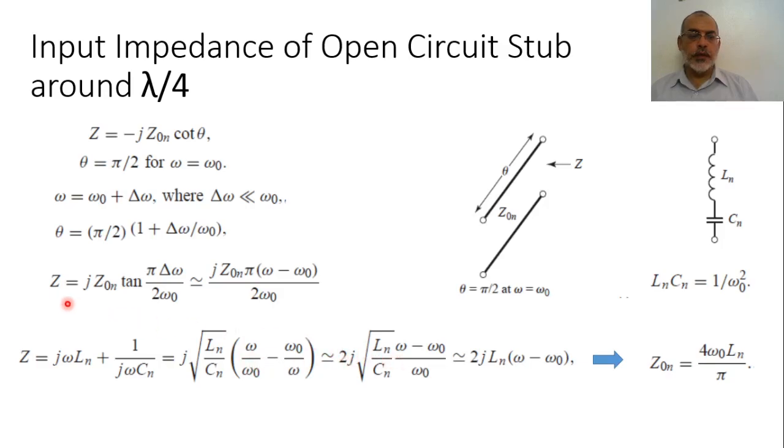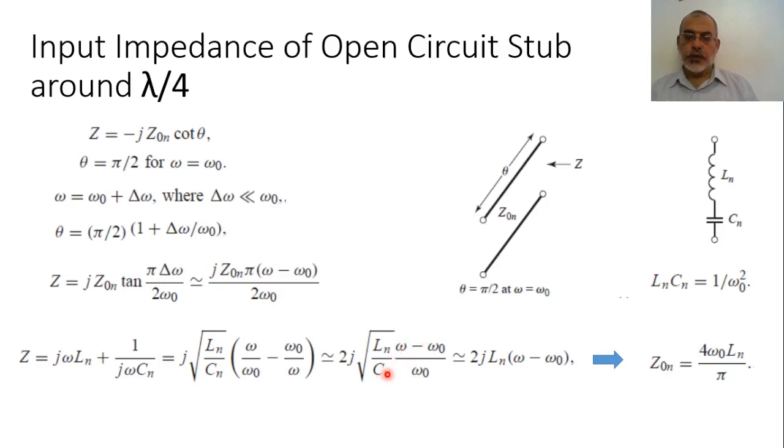Now, before equating the impedances, we say that 1 over omega naught can be replaced by square root of Ln Cn.